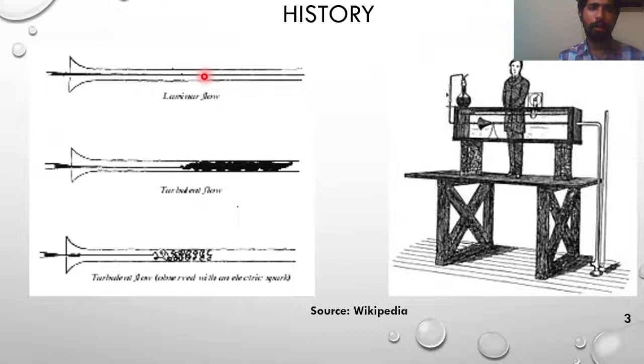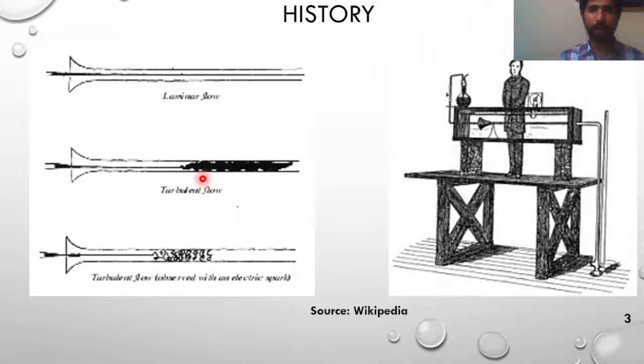But when he increased the flow rate, after some distance the dye particles, instead of going in straight lines, went into the bottom layers and the top layers, as you can see in the second figure. So there was a mixing of layers.